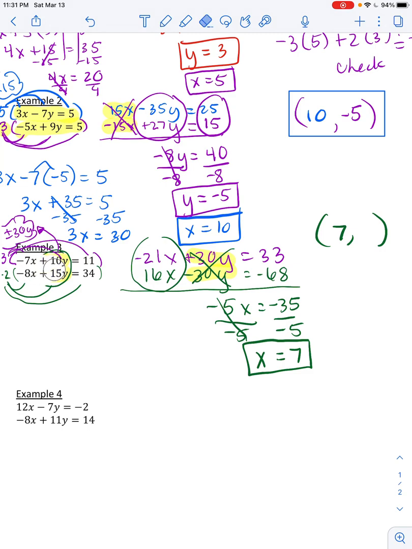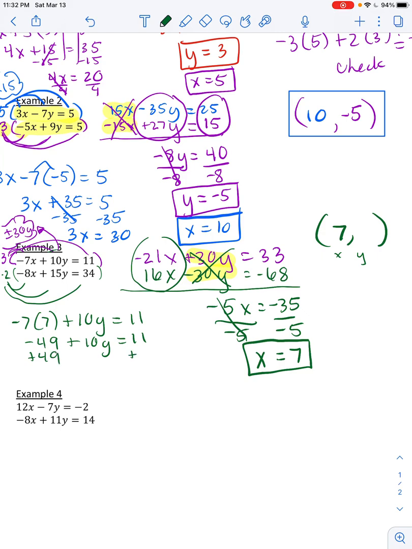Going back to my original equation so that I'm not using bigger numbers than necessary, I'm going to plug that 7 in for x to find my y. I don't know, neither one of these looks awesome, so I'll just take the top. Negative 7 times 7 plus 10y has to equal 11. Okay, that's negative 49 plus 10y has to equal 11.